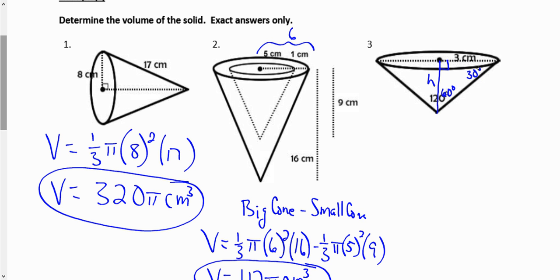Yeah, it's opposite of the short of 30. Yeah, you got a 30-degree and it's a 60, right? The short leg will be across from the 30, which is, hey, isn't that the height we need? Right? And that 3 centimeters is what? The long leg. So now you just have to remember how to go from the long leg to the short leg of a 30, 60, 90. How do you do that?